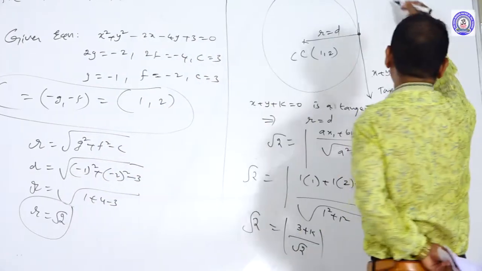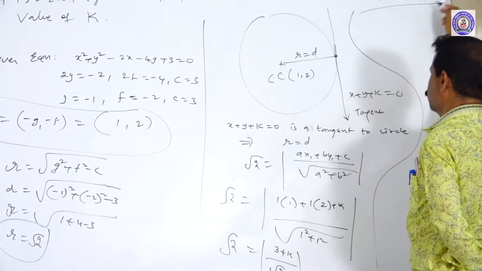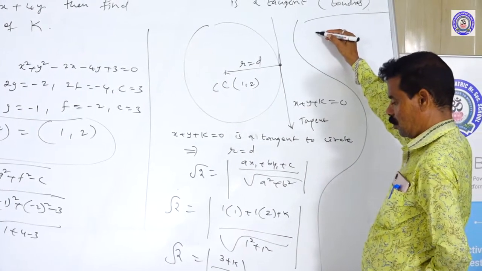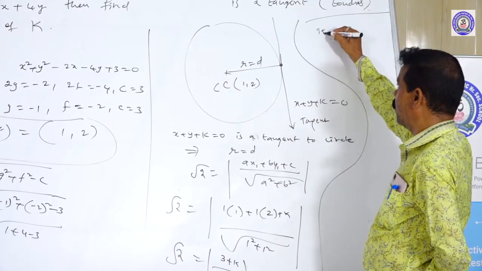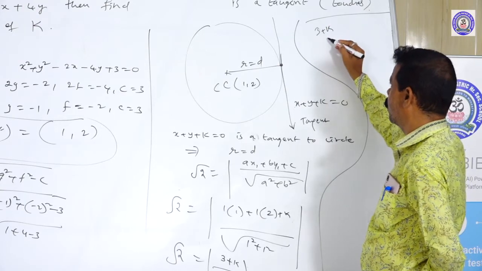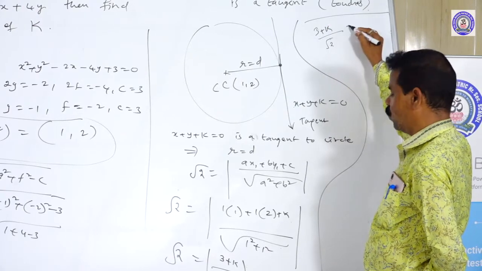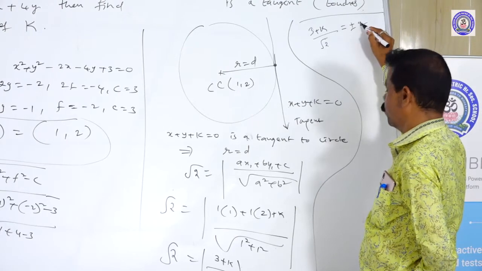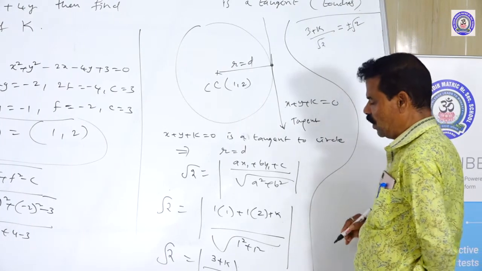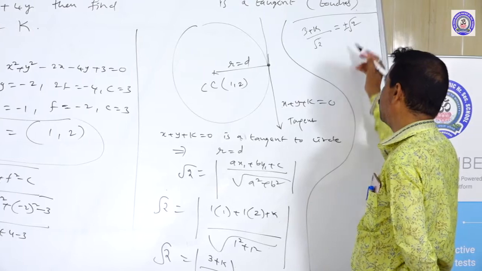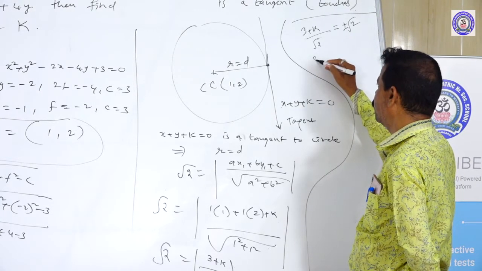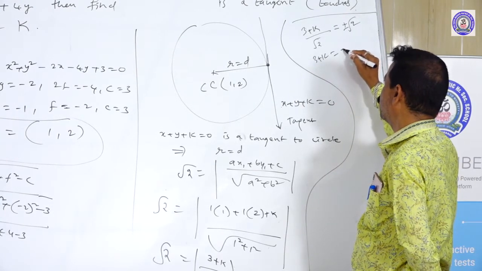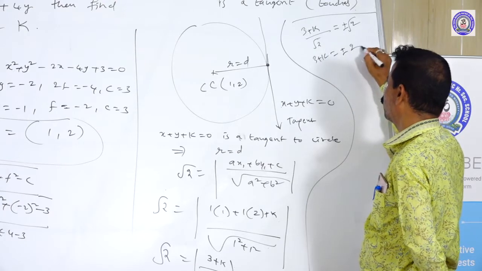After this, 3 plus k by root 2 is equal to plus or minus root 2. If we remove the modulus, then plus or minus comes. 3 plus k is equal to plus or minus root 2 into root 2.